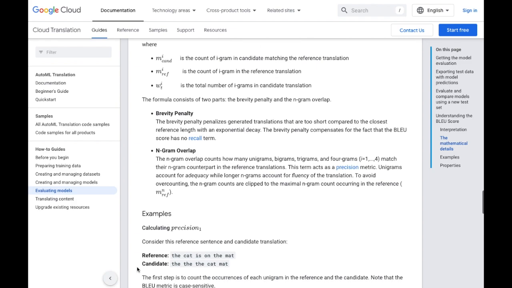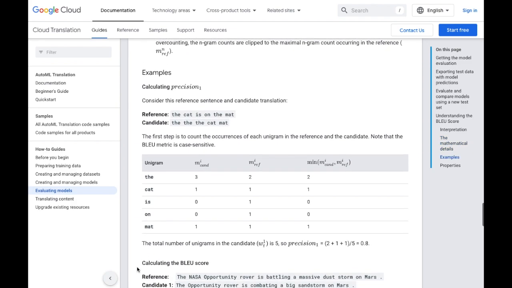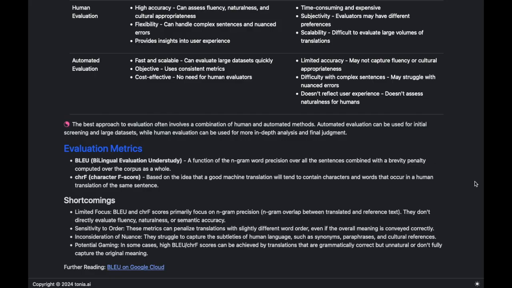So that is a nice reference, and then of course we have some examples here of different translations from sentences with their BLEU score. So that's a nice additional documentation to follow.